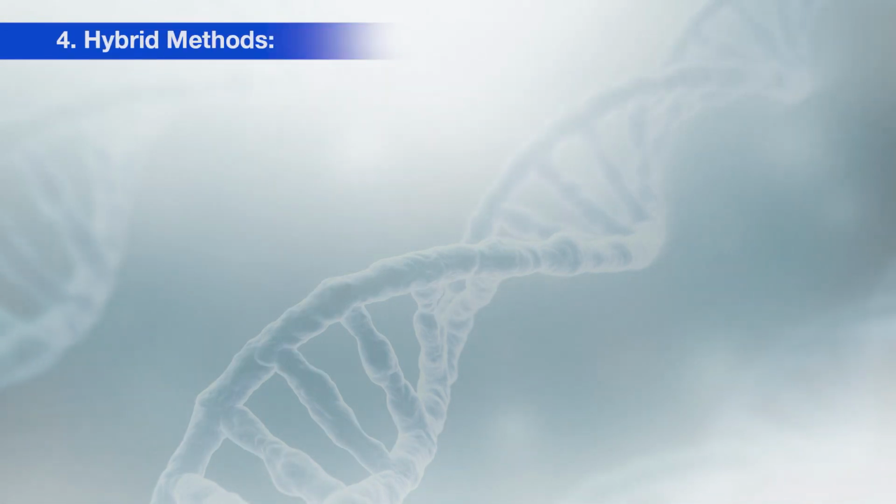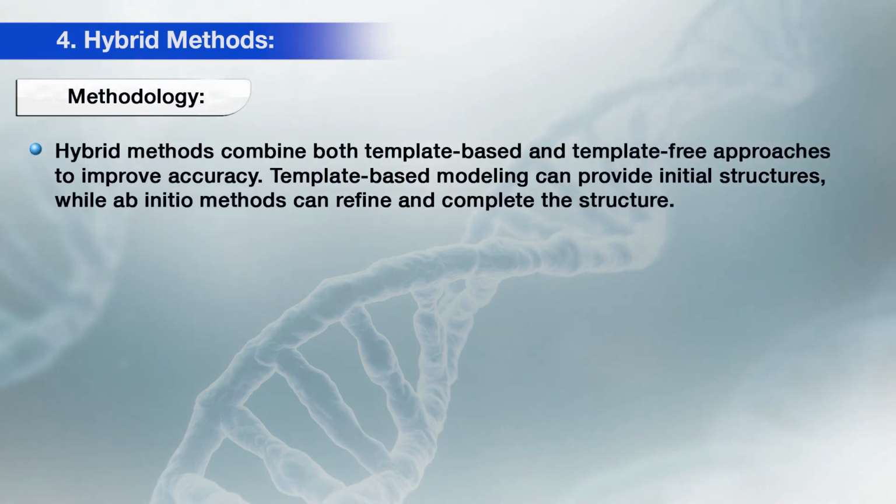Hybrid method is another method. A hybrid method may include homology, ab initio and threading together as a combined method. What is the methodology behind it? The hybrid method combines both template based and template free approaches to improve accuracy.